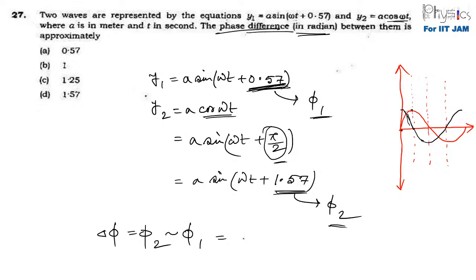So the difference between these two phases is our phase difference, and in radian it is 1.57 minus 0.57, so it is equal to simply 1. So our correct option is option B, 1. Is it clear? Please tell me.